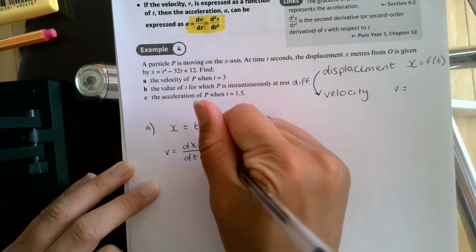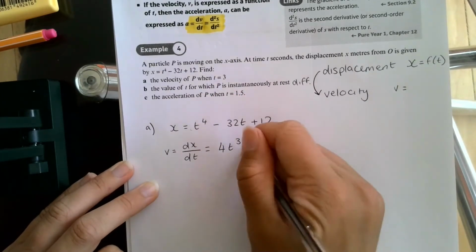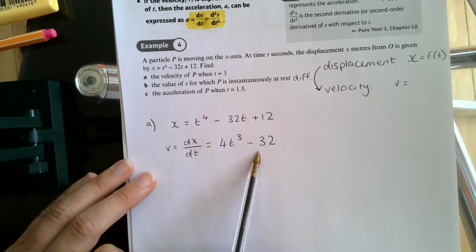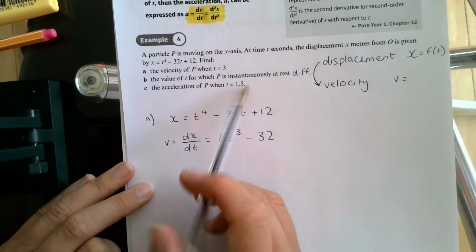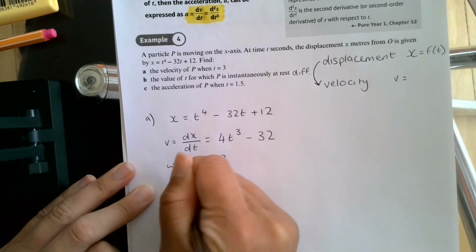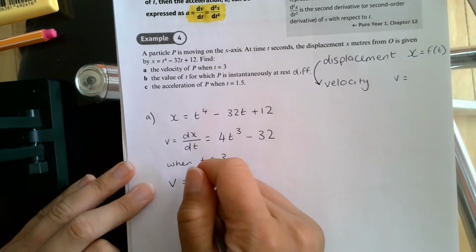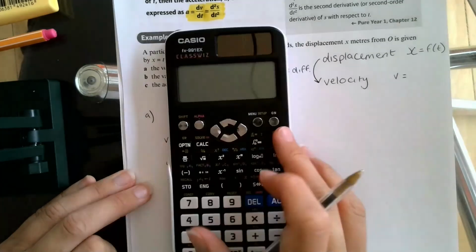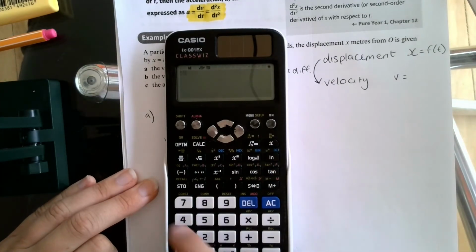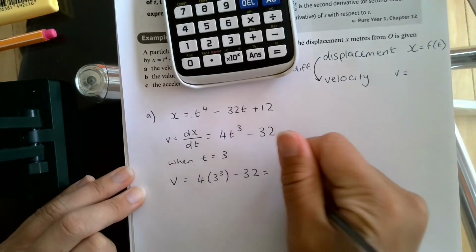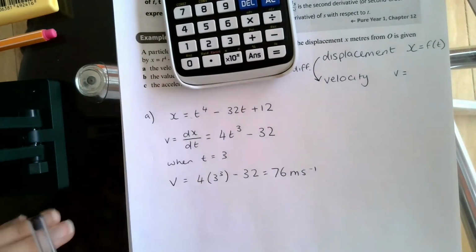So I've got 4t cubed minus 32. There's my velocity as a function of time. When t equals 3, the velocity is 4 lots of 3 cubed minus 32. On my calculator, that's 76. So at t equals 3, the velocity is 76 meters per second.